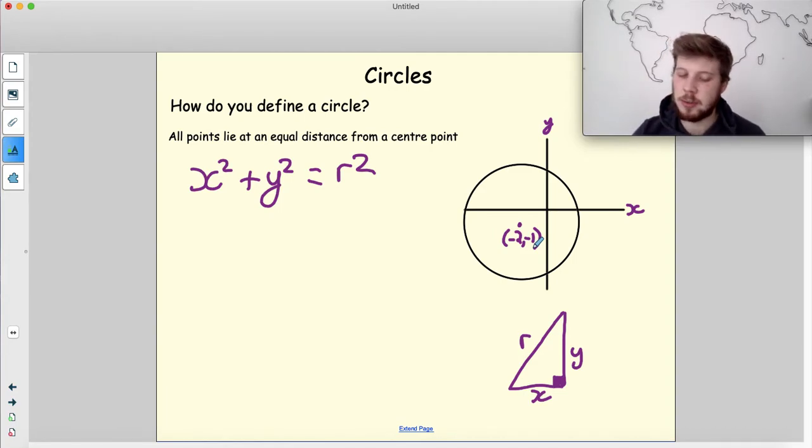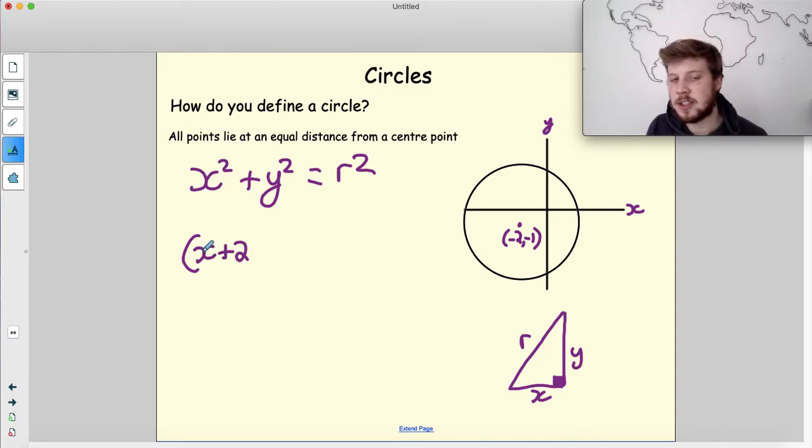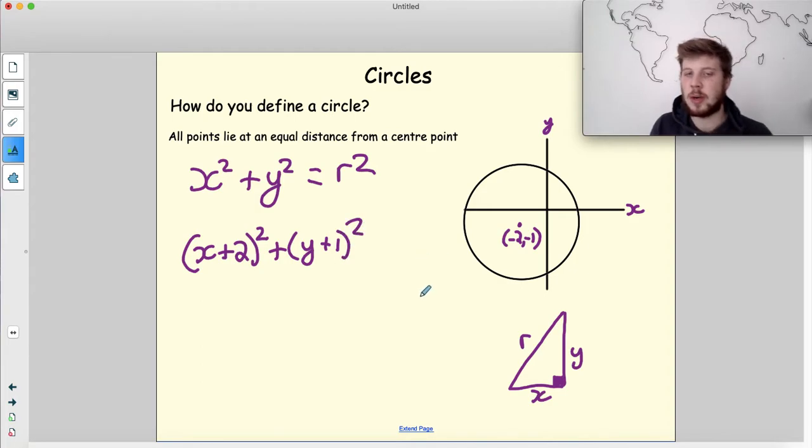Well, if we think back to last video where we looked at graph transformations, a transformation of -2 on the x-axis would be a translation of my x plus 2, because if my value is -2, that will take this section to 0, which would be the same as the origin. Likewise, with the y, it would be y plus 1 squared. And as my circle has remained the same distance away, my radius would remain the same.